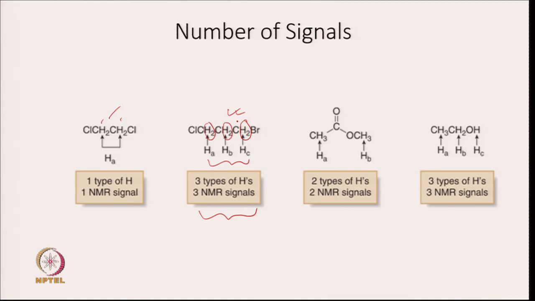So these 2 protons, these 2 protons and these 2 protons are in different environments, and you should expect 3 NMR signals. In this compound, we have 2 different kinds of protons, and so there will be 2 NMR signals.